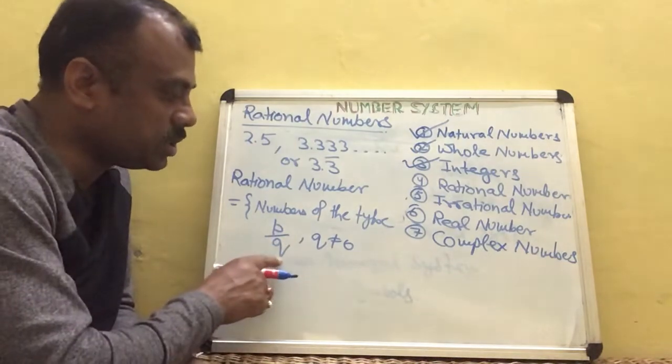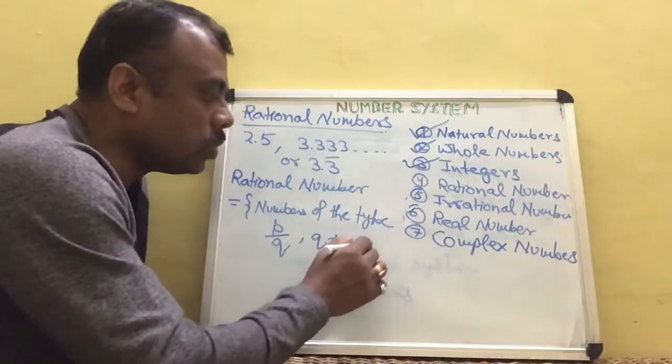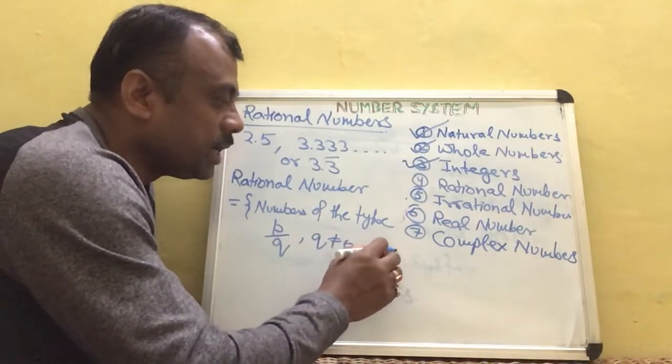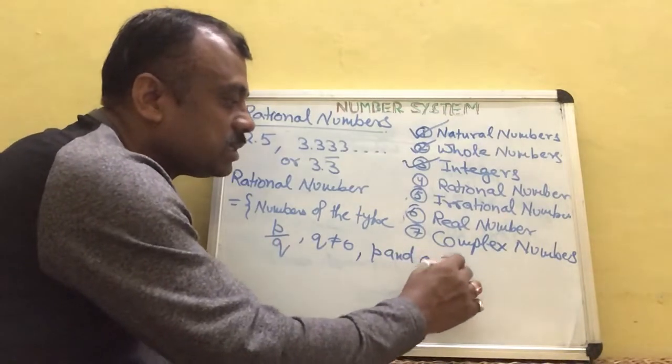So the first condition is q not equals to 0, and p and q are integers.